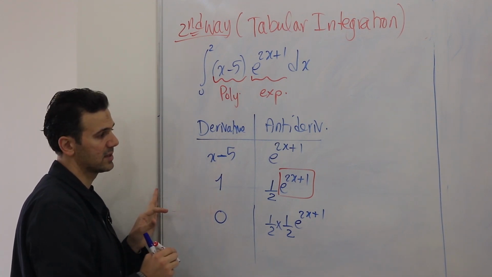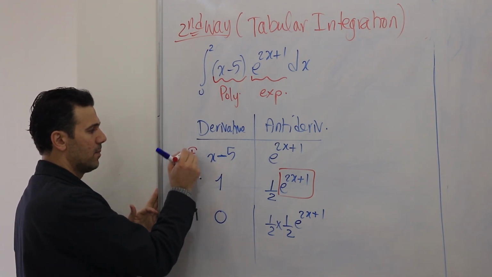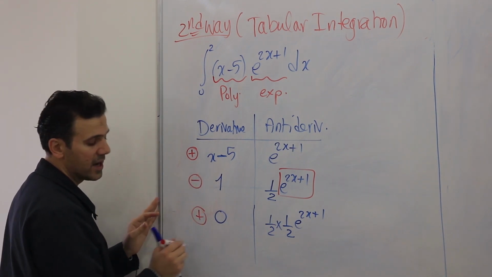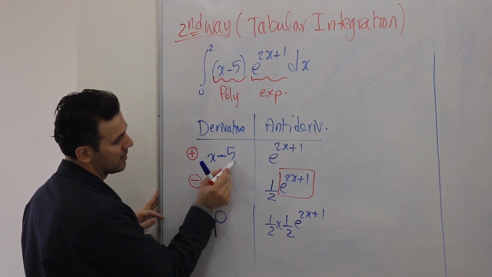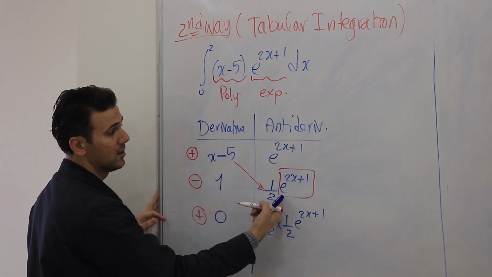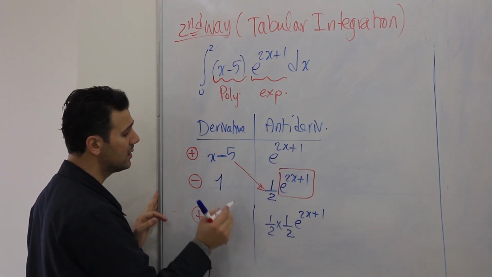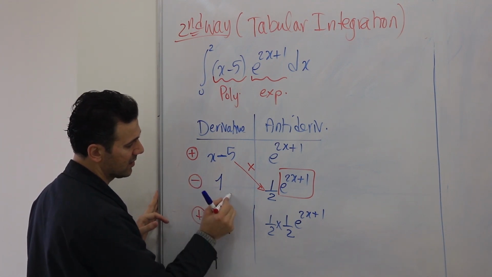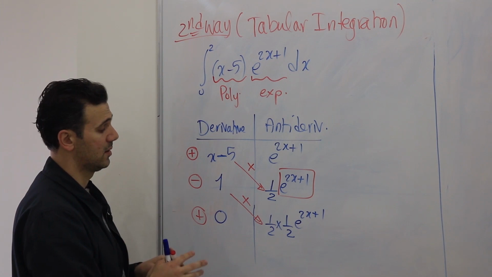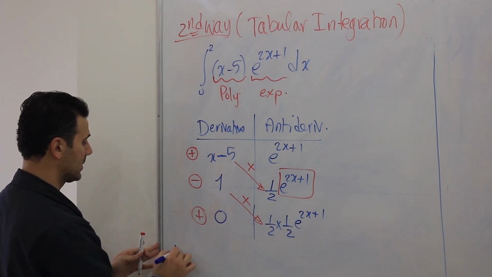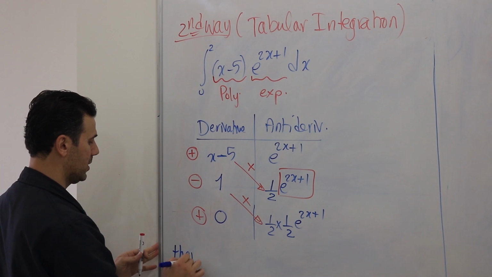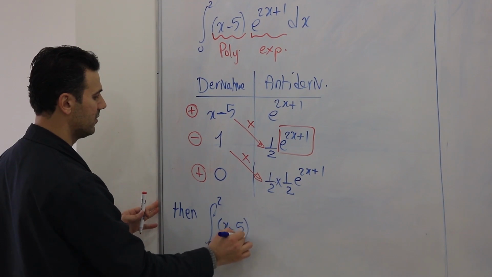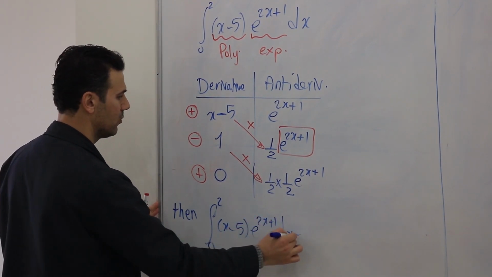What should we do in the next step? Here we multiply by plus, minus, till we end. Then, after that, we just multiply this term by that term, the next term on the right side, then minus this term times that term, to get the needed result. Thus, the integral from 0 to 2 of x minus 5 e to x plus 1 dx will be what?